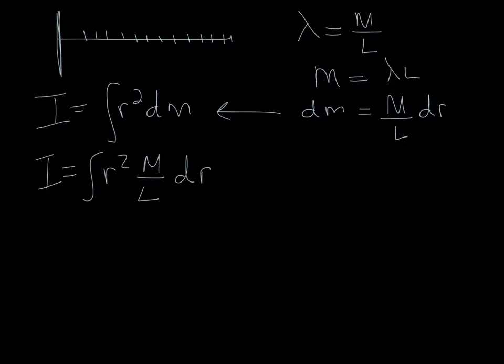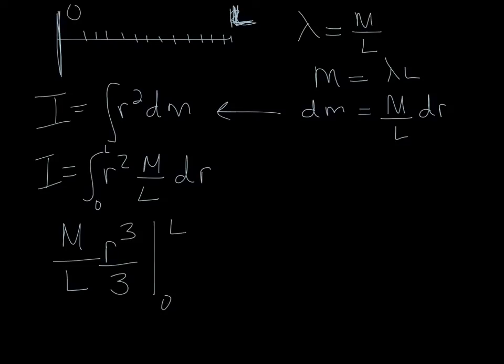Okay, and then we will integrate this time from 0 to r, because we're starting along one end. I guess in this case it should actually be 0 to L, not to r. Okay, so let's do this. We should pull out the constant. This becomes r cubed over 3, integrated from 0 to L, and then we should be able to do this fairly easily.